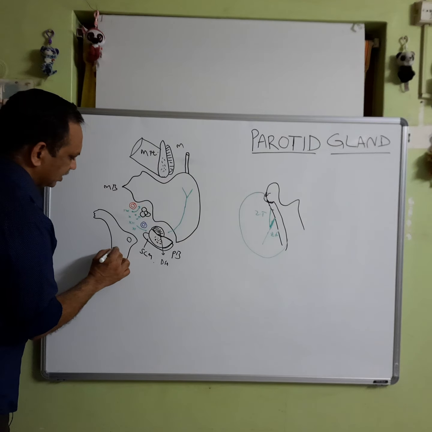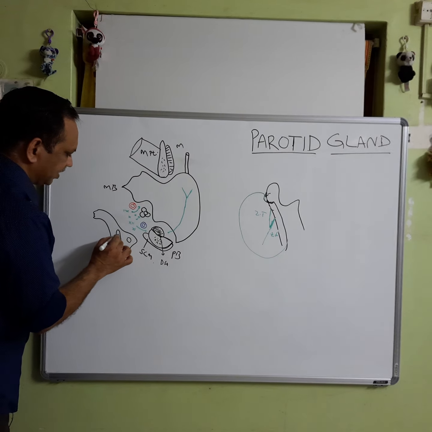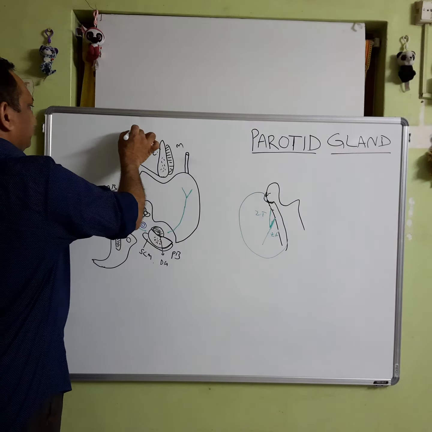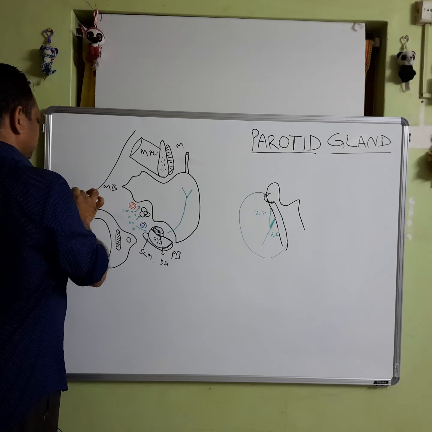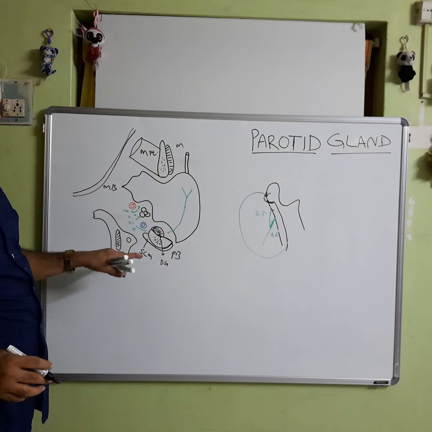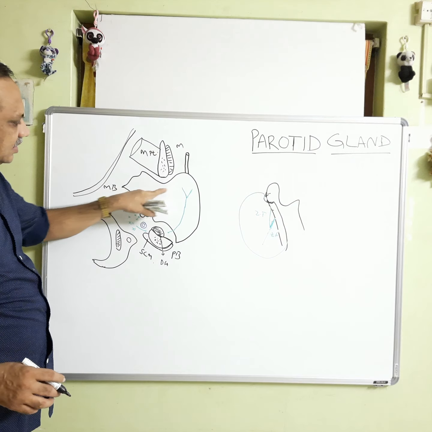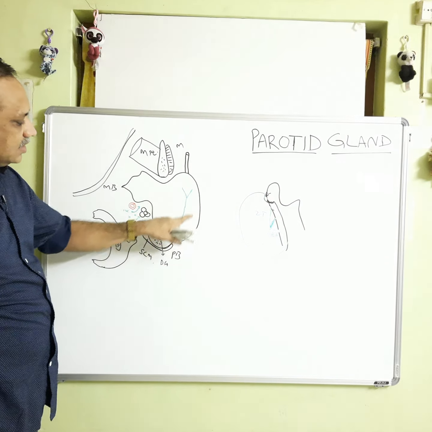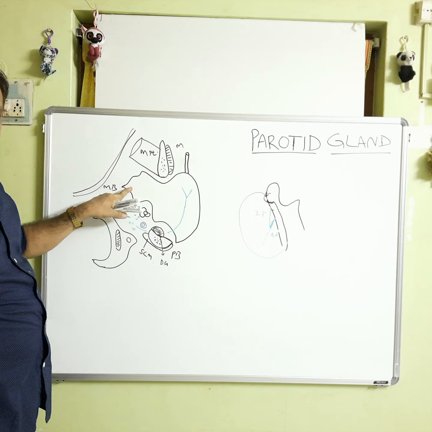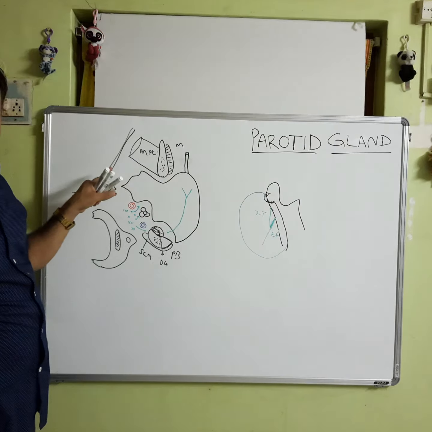This is the vertebral foramen, and this is the origin point for the rectus lateralis muscle. So, this is the pharynx. So, these are the surfaces of the gland: lateral surface, anteromedial surface, posteromedial surface, and their relations.